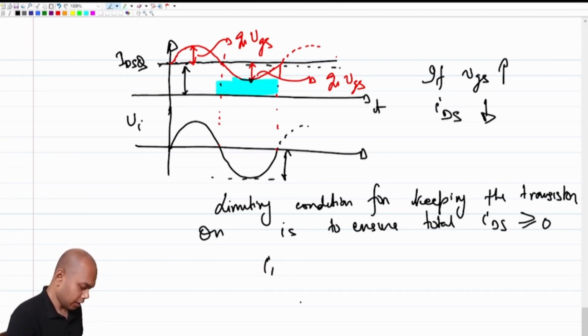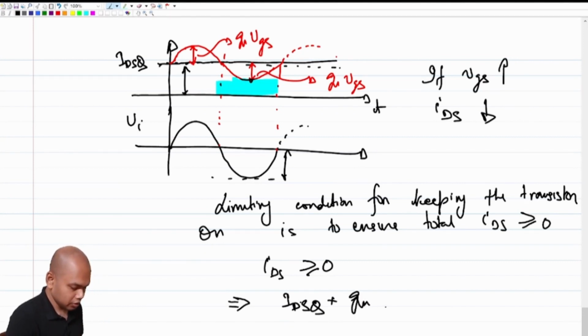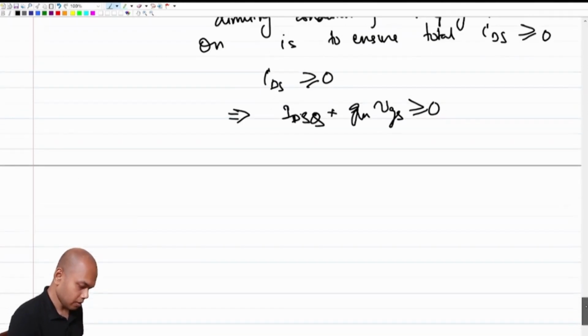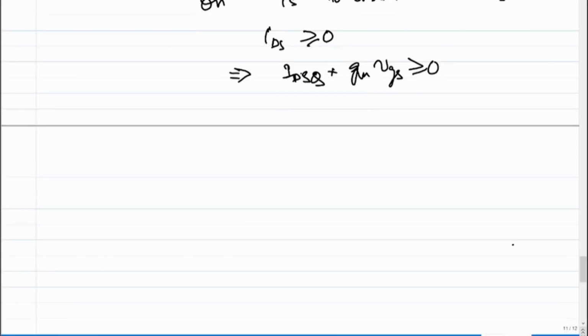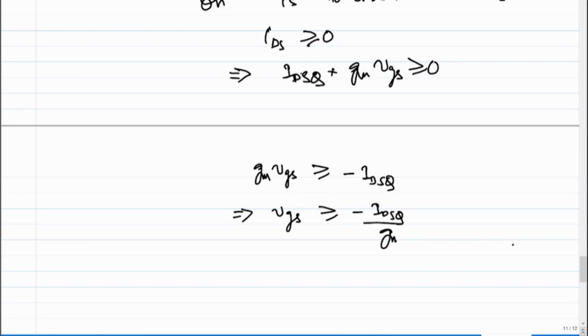So if I say IDS has to be greater than or equal to 0, what does this mean? This means IDSQ plus GM times VGS should be greater than or equal to 0, right? So this becomes GM VGS should be greater than or equal to minus IDSQ, which means VGS should be greater than or equal to minus IDSQ over GM.